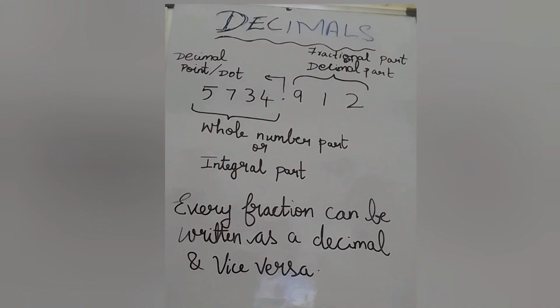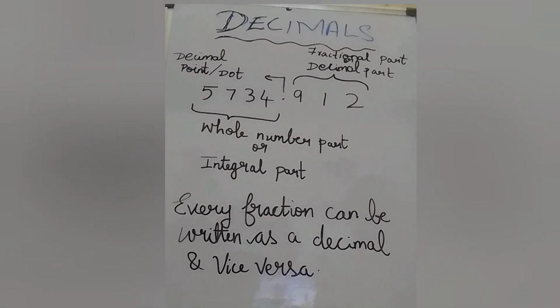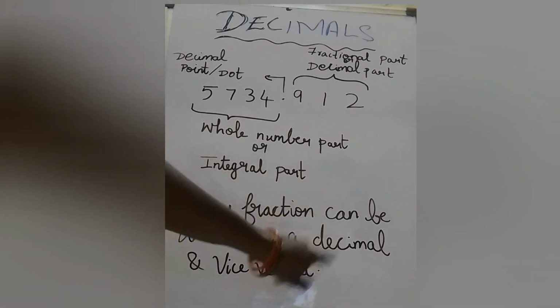Another important note is every fraction can be written as a decimal and vice versa. Every decimal can be written as a fraction also.